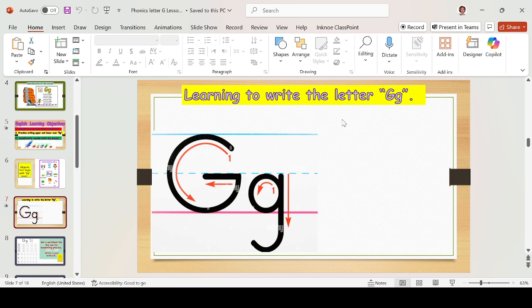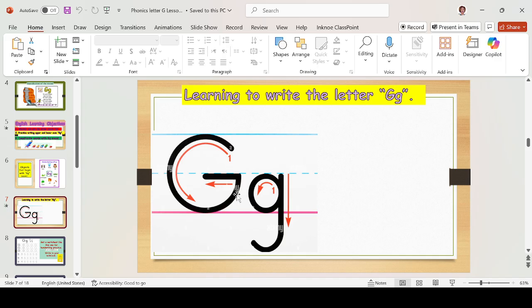Let's learn to write the letter G. So we are going to start with our uppercase, and then we will write the lowercase. Now look here, the uppercase, I want you to write in the air. You are going to start here and you write like you are writing a circle.